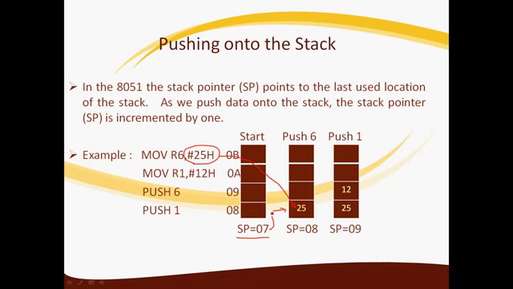Once again the same thing happens: the stack pointer pointing at 08 is incremented by 1, so it now points to here, and the data, that is 12H, moves to this location. So that's how we push the data onto the stack.